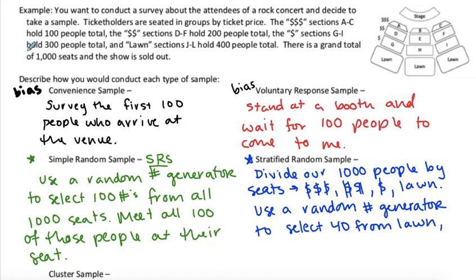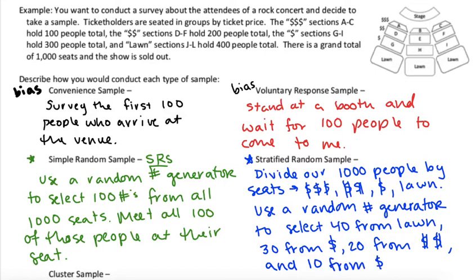I took 10% of the lawn, and then I'm going to do 30 from the single dollar group, 20 from the $2 sign group, and 10 from the triple money group.